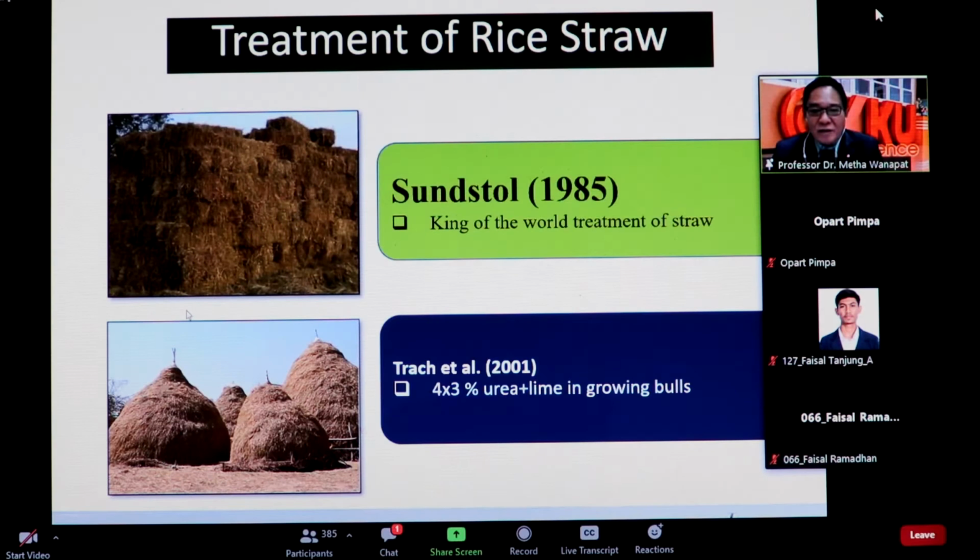Now, you can see here rice straw and other methods. Other methods can be searched for in order to loosen the lignocellulosic bonding of the fiber, so that the enzyme can easily attack the bonding, and also to dissolve the soluble compounds that will be released in the rumen.